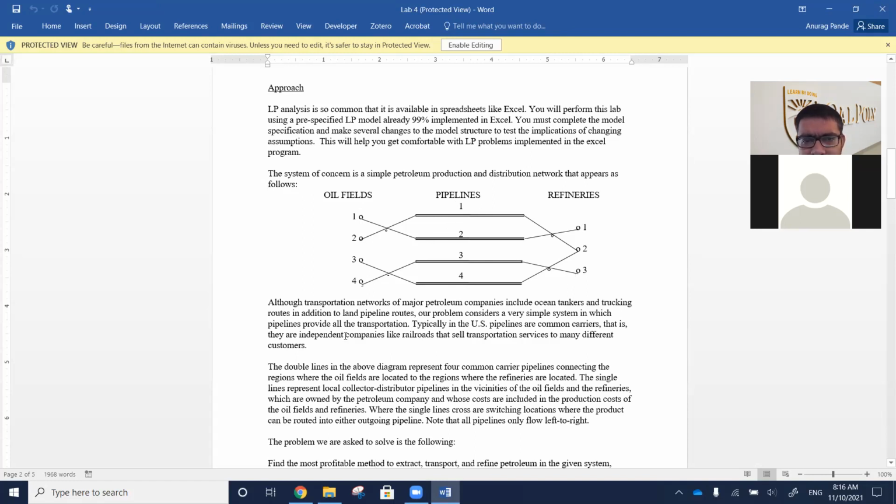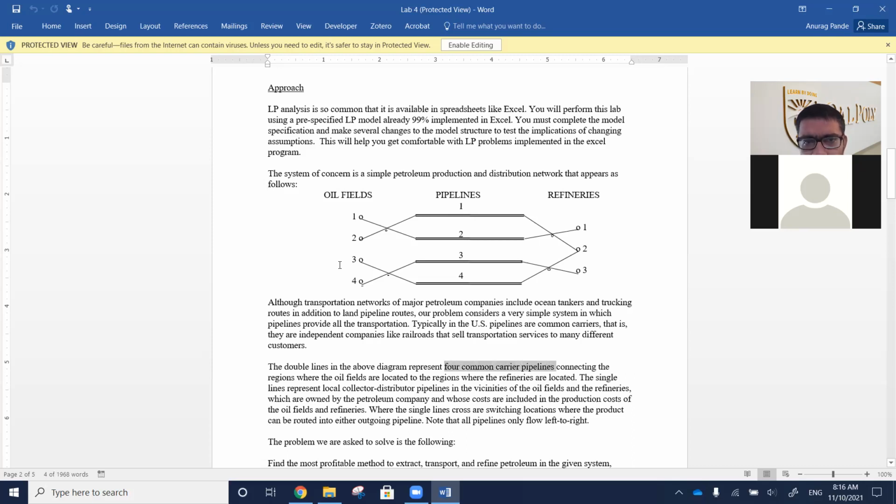Pipelines are common carriers. They're independent companies like railroads that sell the transportation services. So what happens is there will be an oil company that owns the oil fields and the refineries, but the pipelines are owned by a separate company. Okay. So what you have here is that pipelines 1, 2, 3, 4 are your 4 common carrier pipelines.